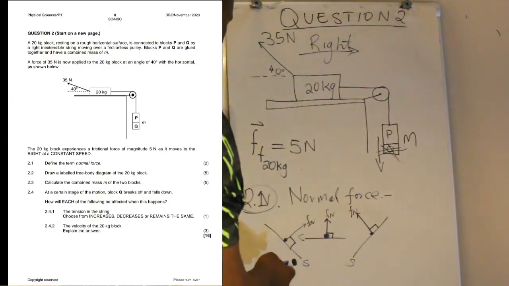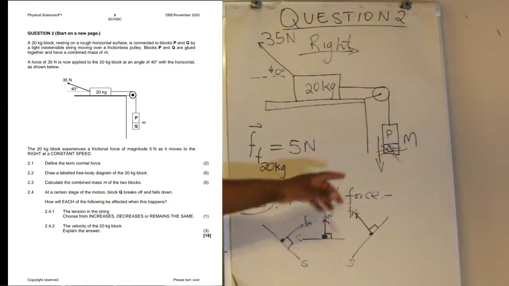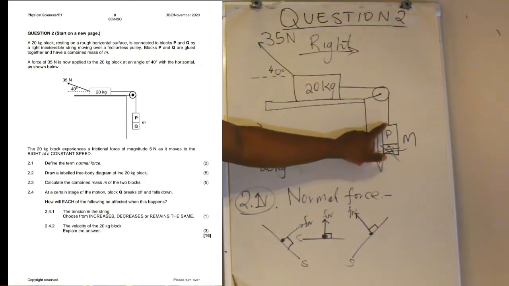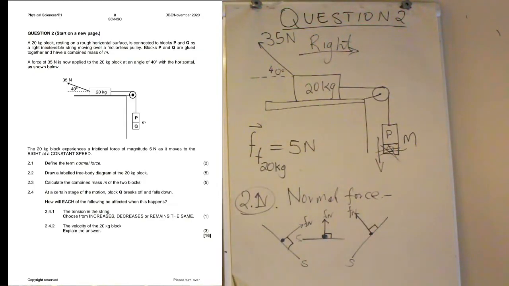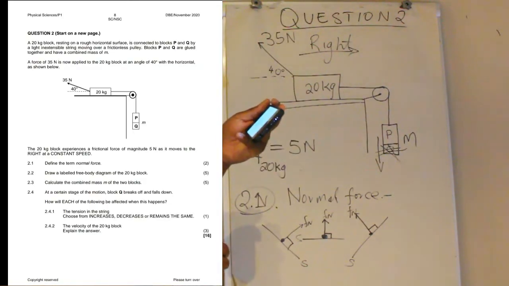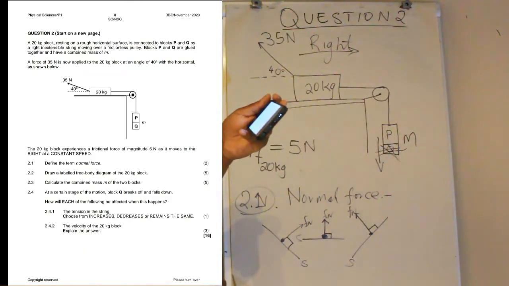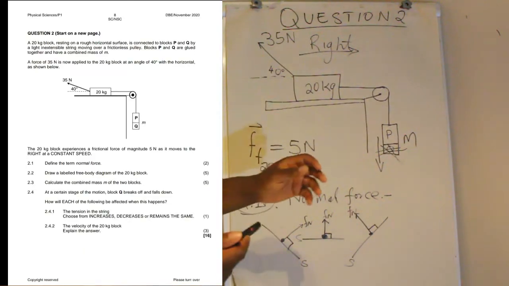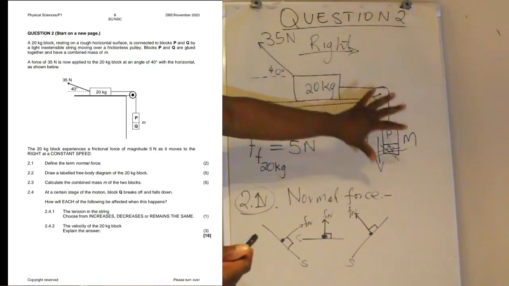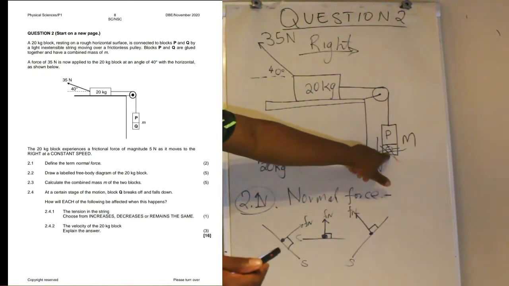At some point, Q breaks off and you're left with a smaller, lower mass. So here's the question, 2.4.1. How will each of the following be affected when this happens? They are going to ask us questions about this system. What will happen to the system when you remove that mass there?